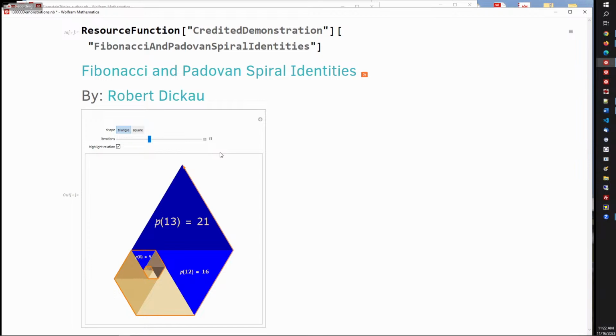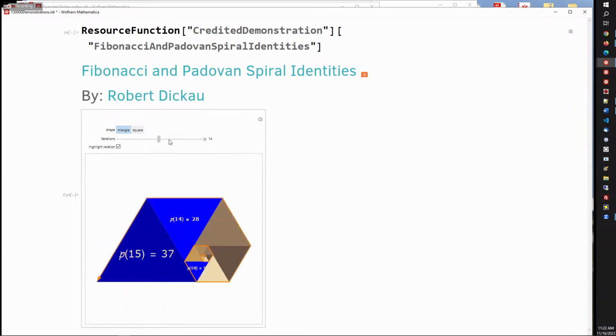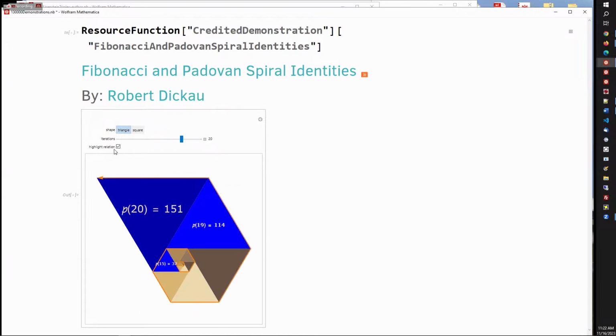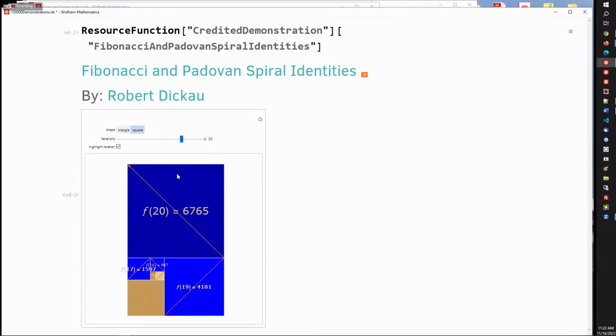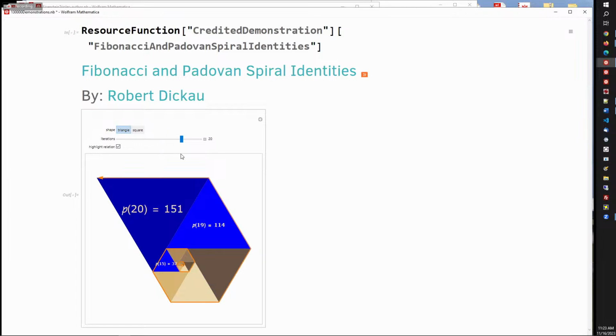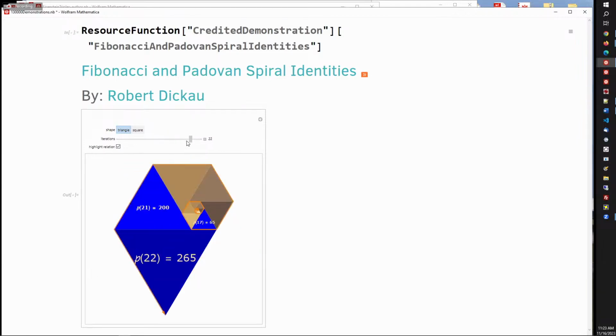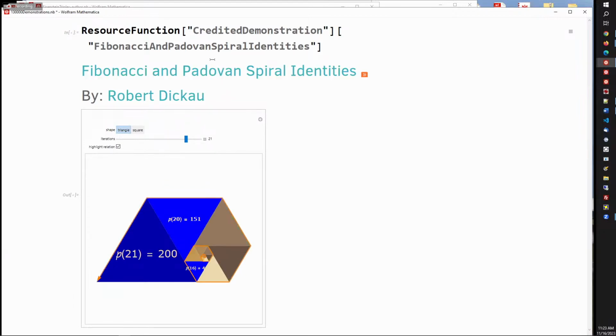Rho to the third equals rho plus 1, where rho is the plastic constant, about 1.32. So we have the Fibonacci sequence and the Fibonacci spiral, and the Padovan sequence and the Padovan spiral based on the plastic constant.